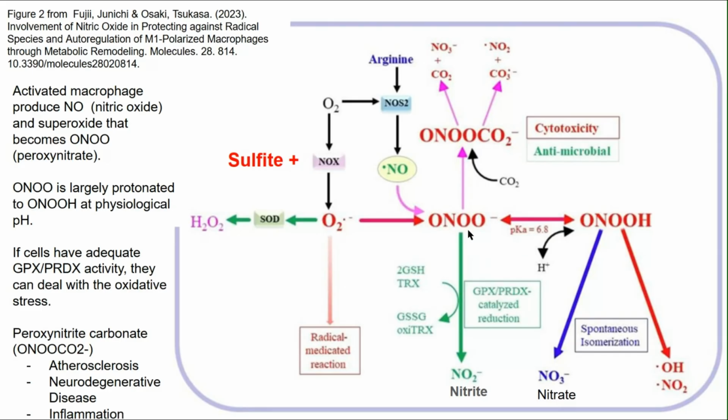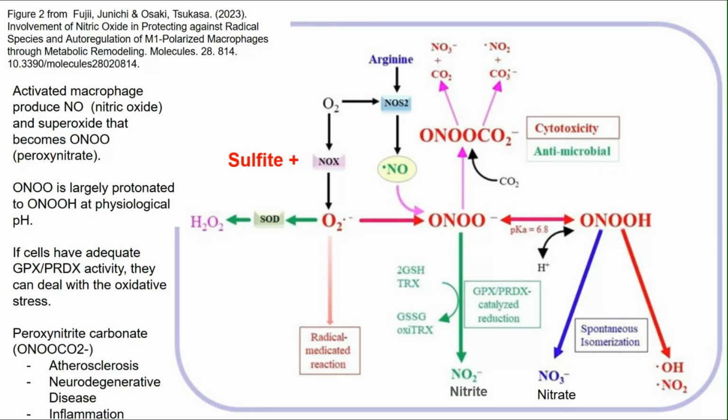And peroxynitrate is mostly in the protonated form at physiological pH, and then it will isomerize into nitrate, and it can also become a nitrite radical and hydroxyl radical.